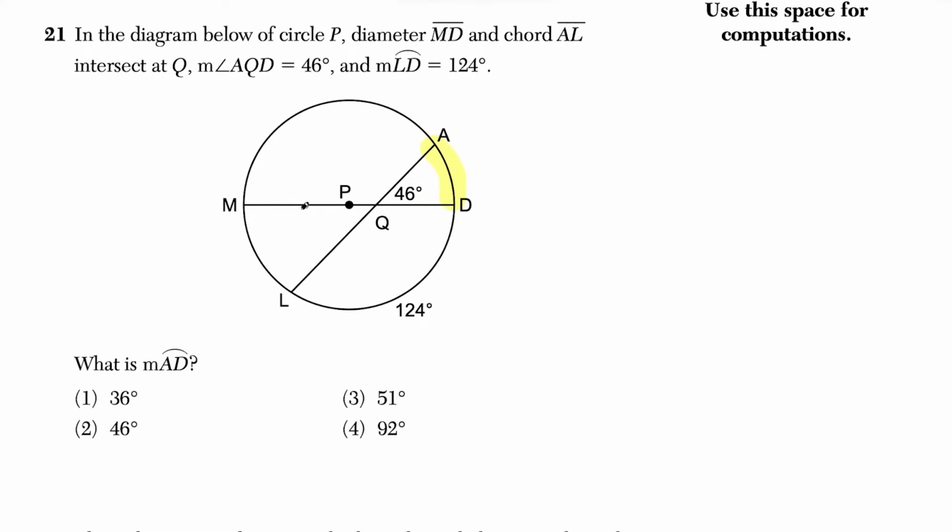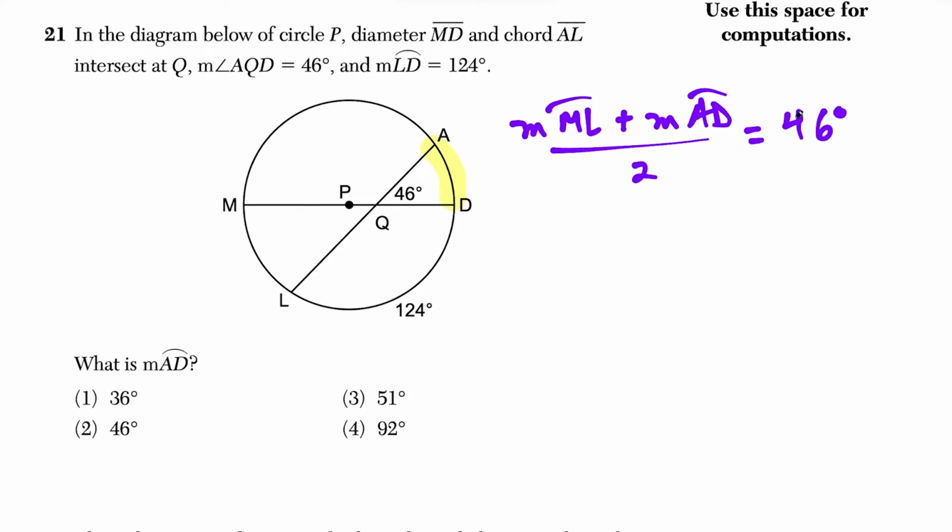So for this one, we have to know that when we have intersecting chords, the angle formed over here is equal to the average of the arcs. So what I could say is the measure of arc ML plus the measure of arc AD divided by 2 is equal to this angle here, which is 46 degrees.